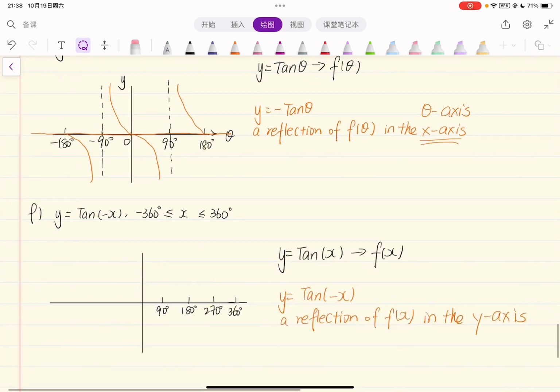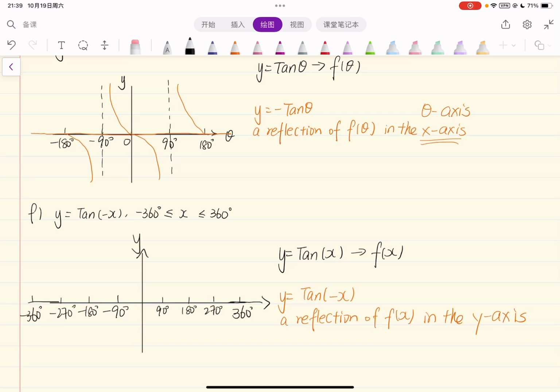Here 360 degrees and negative 90 degrees, negative 180 degrees, negative 270 degrees, negative 360 degrees.